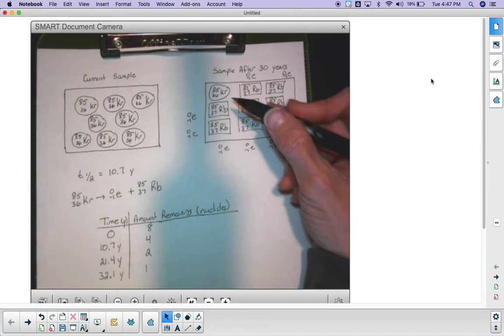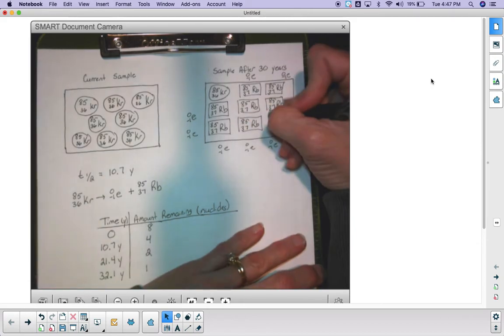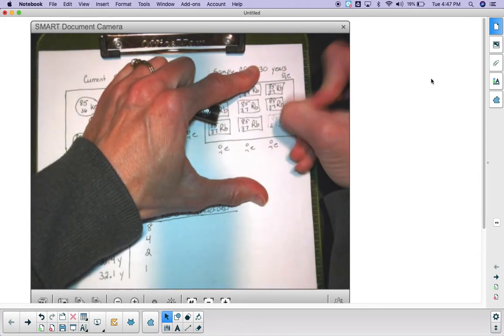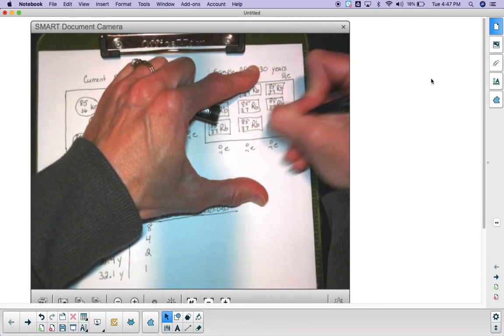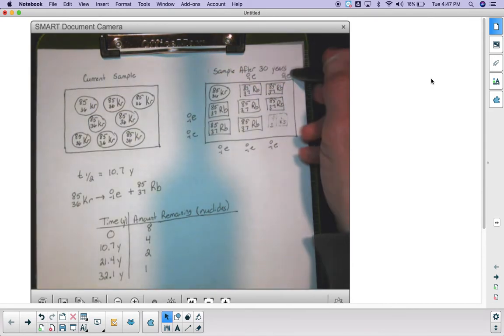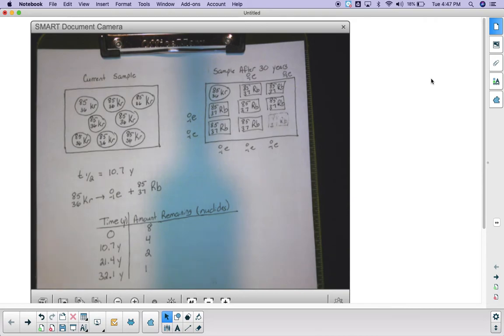Oh, too many. I needed to stop before that. Got a little carried away here. Erase that guy. 1, 2, 3, 4, 5, 6, 7 radioactive particles, 7 leftover nuclides, and we've managed to draw a picture of what our sample would look like after 30 years.